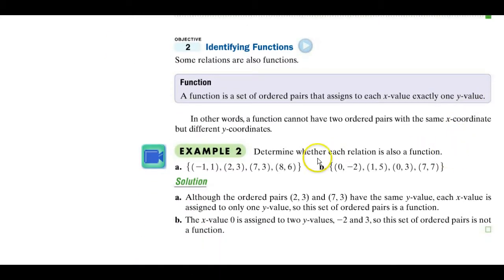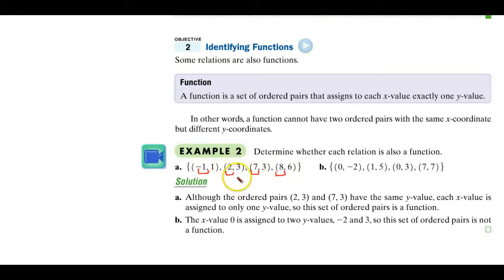And determine whether each relation is also a function. Well, again, we look at the x element. Is it used more than once? So we have a negative 1, a 2, a 7, and an 8. Is any x element repeated?